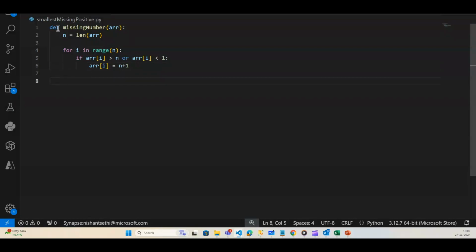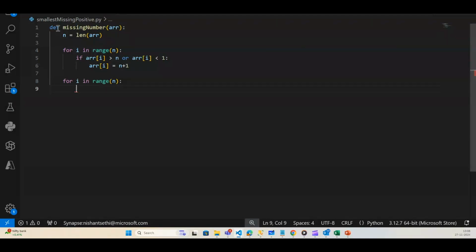Now, I will again iterate over my updated array, from 0 to n. At every element, I have to go to the index equal to the current element minus 1, and multiply the value there, in the target index, by minus 1.